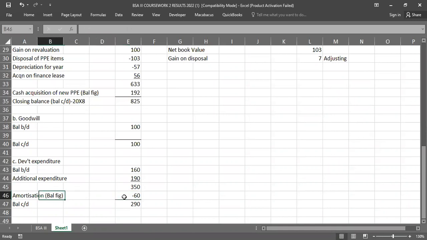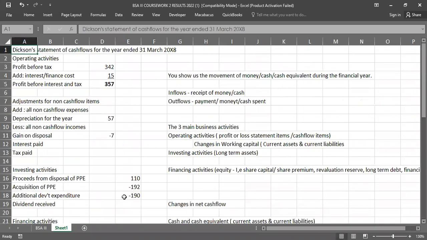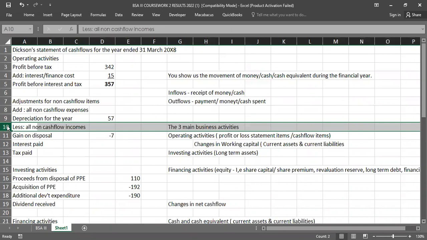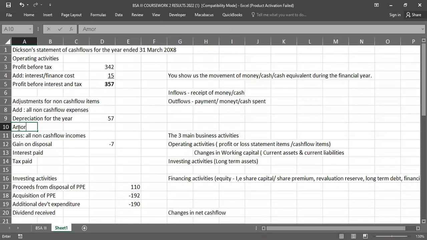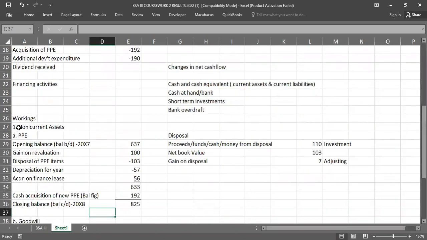So amortization is a non-cash flow, so we come under our operating activities, and then we show that indeed you had amortization. It is from working one, C. It is 60. It's an expense.